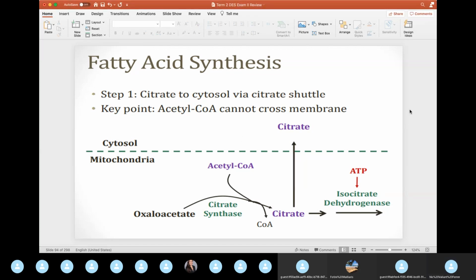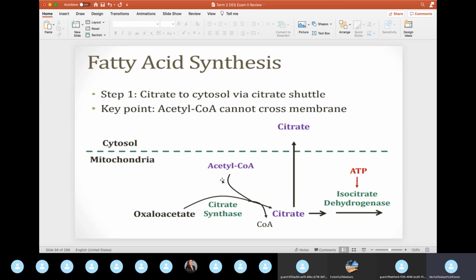We're good? Oh, yes. Okay. Fatty acid synthesis, citrate to cytosol via the citrate shuttle. So we are in the mitochondria now. We need to get out this citrate to synthesize fatty acids. What's the point here?